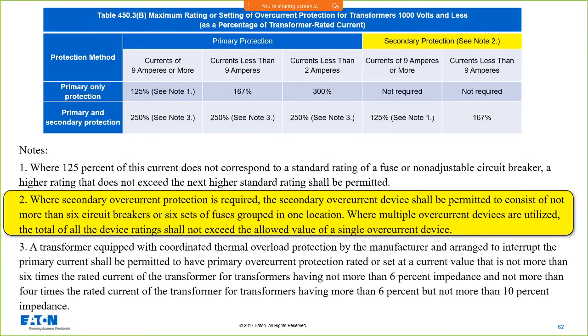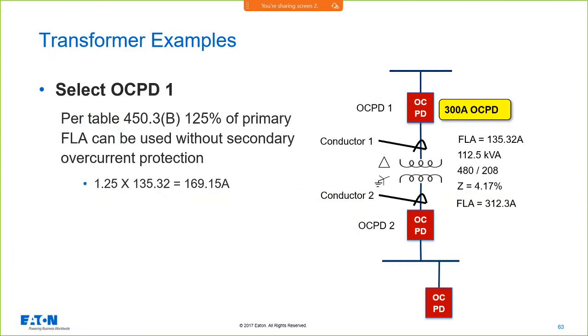Note 2 says where secondary overcurrent protection is required, the secondary overcurrent device shall be permitted to consist of not more than 6. So this is basically a 6 disconnect rule. At face value, I'm thinking maybe I do 125% primary protection and not put a secondary breaker. Is that an option? Maybe, maybe not.